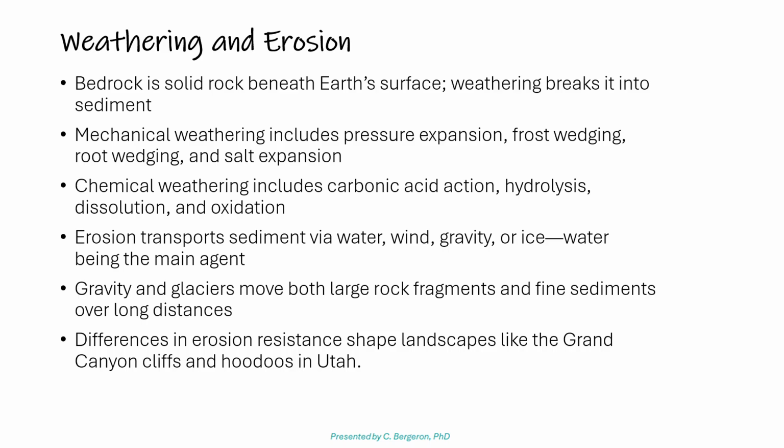Weathering is the process that takes that bedrock and breaks it into smaller pieces called sediment. Now, erosion is the mechanical process, usually driven by water, wind, gravity, or ice, that transports sediment from the place of weathering.